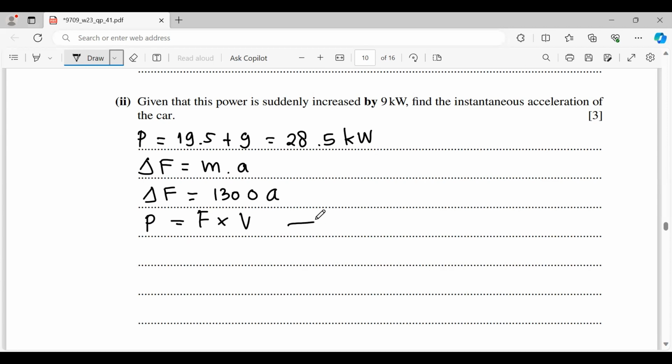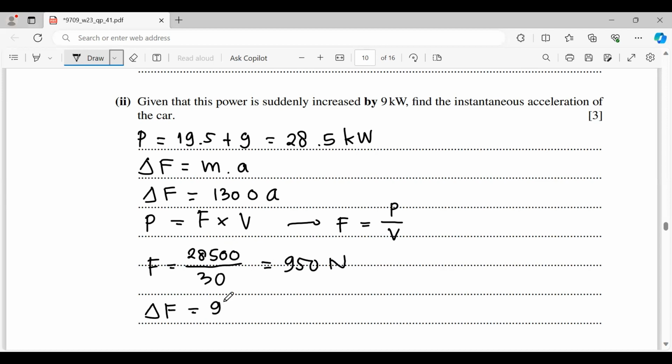So if F is the subject, this formula becomes F equals P over V, power over velocity. Or F equals power, 28,500 watts, over velocity 30 meters per second, and it is 950 newtons, of course.